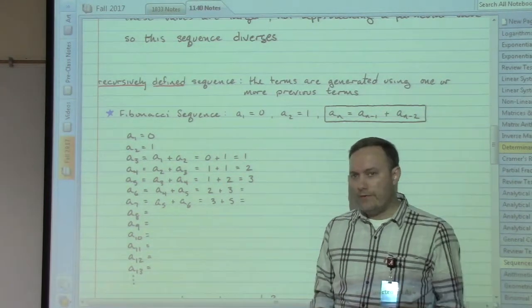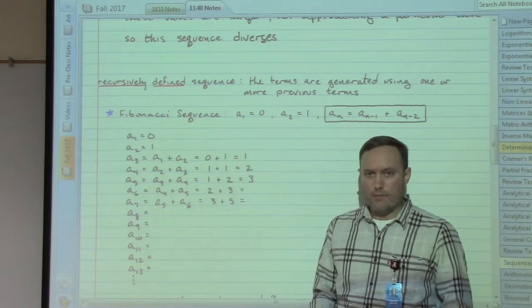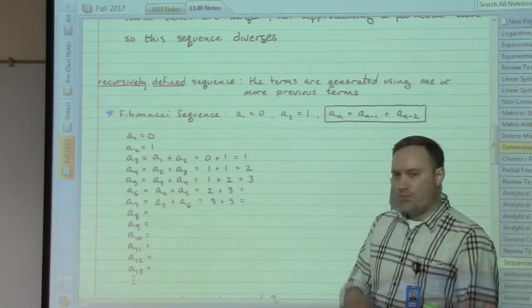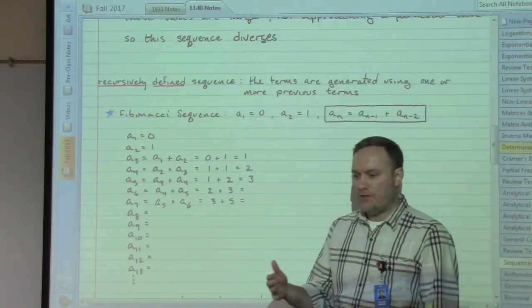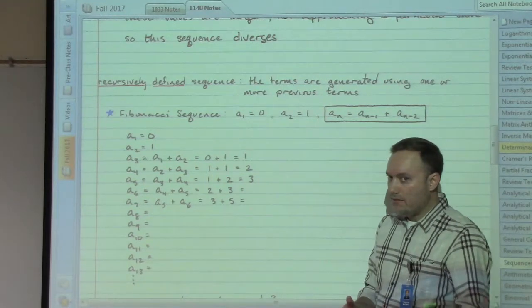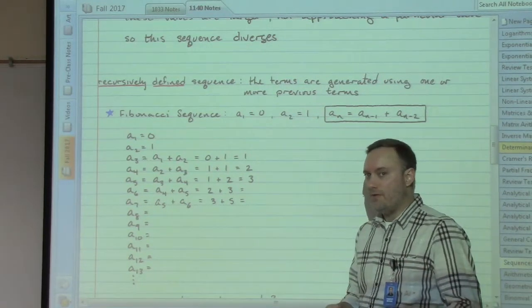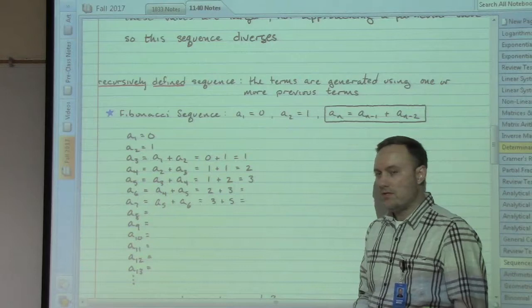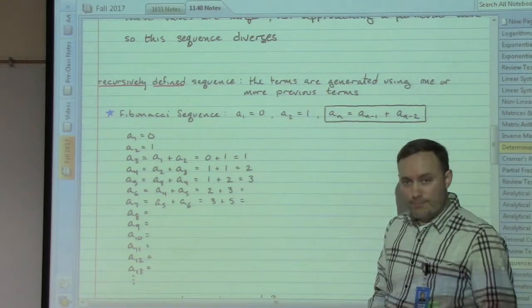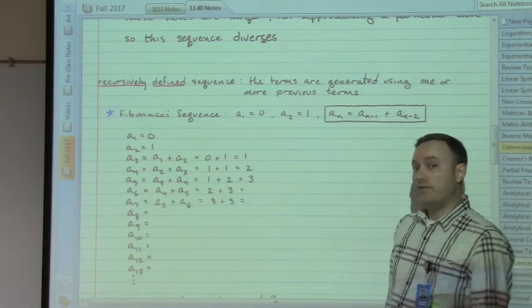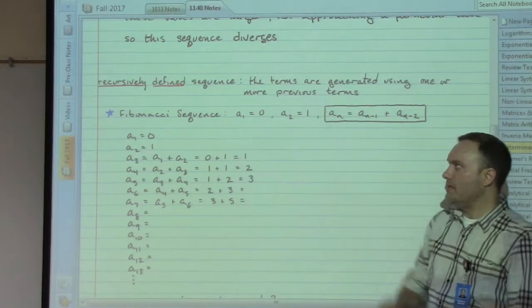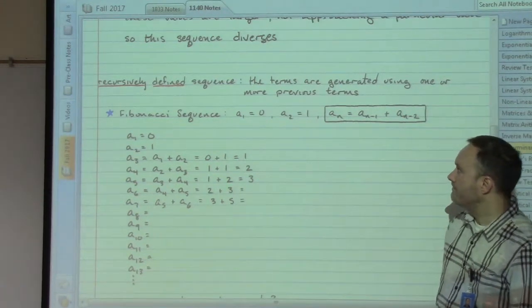So rather than only relying on fixed numbers and some sort of letter for our index, this refers back to other terms. And maybe the only way of building some sequences would be referring back to other terms; there might not be an explicit definition for some of the sequences given as recursively defined.